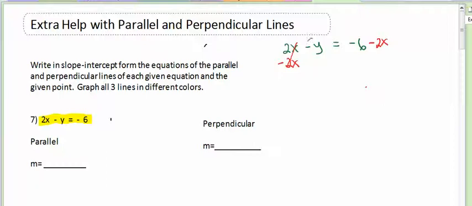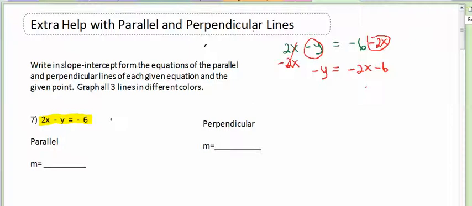Over here, I have a negative y. I like my x in front, so I'm going to move this whole term to the front. And I'm going to move the negative 6 to the back, so the x is the line leader.